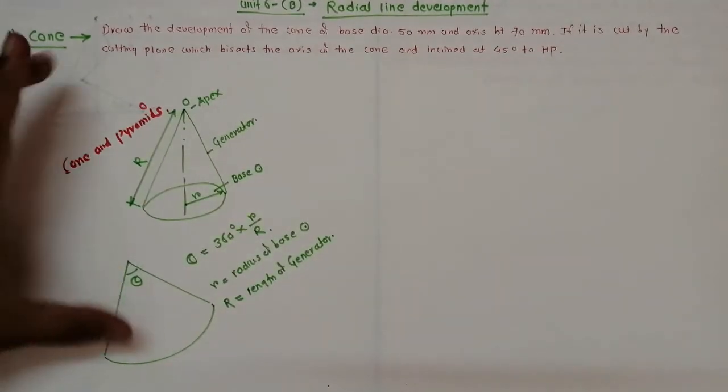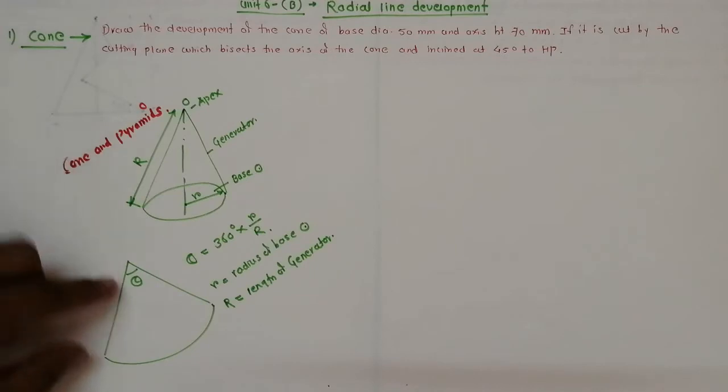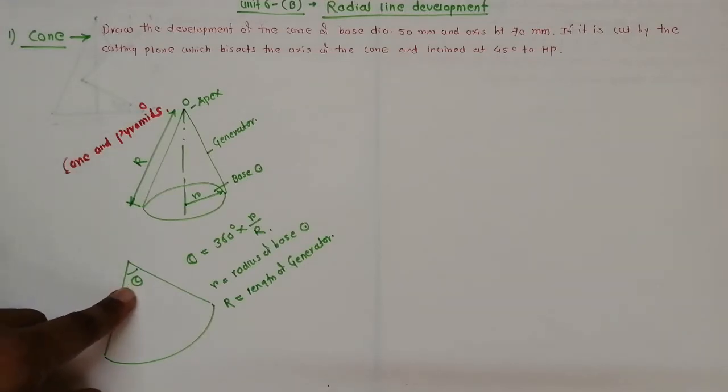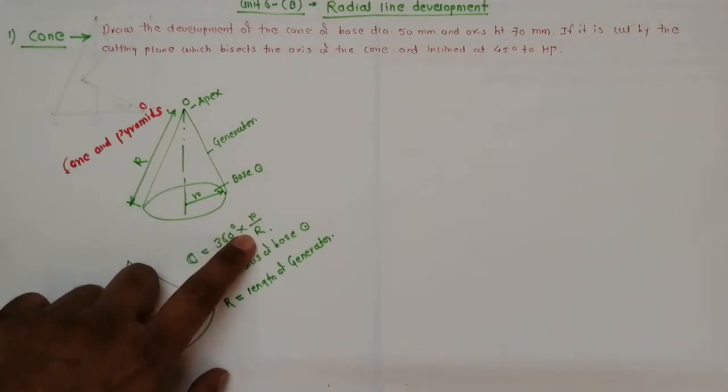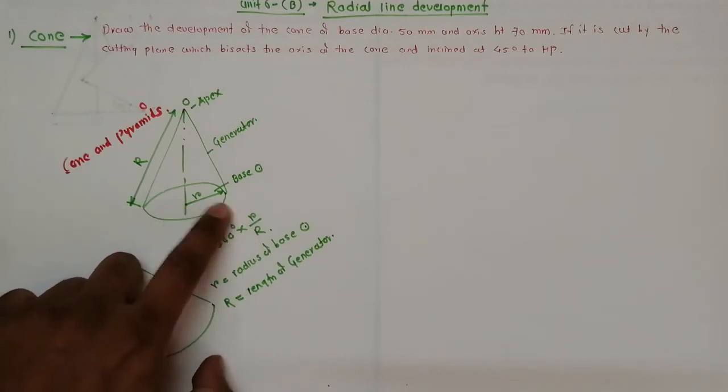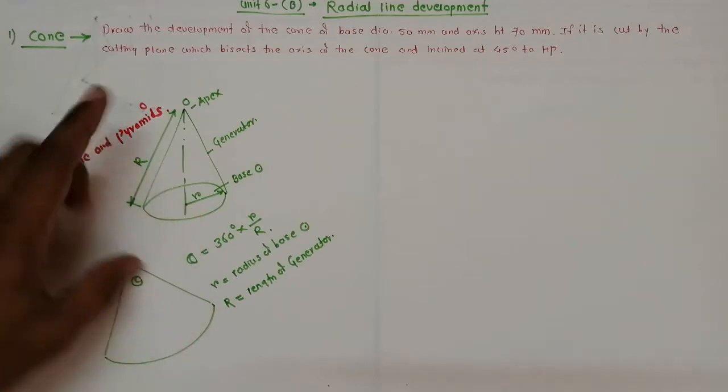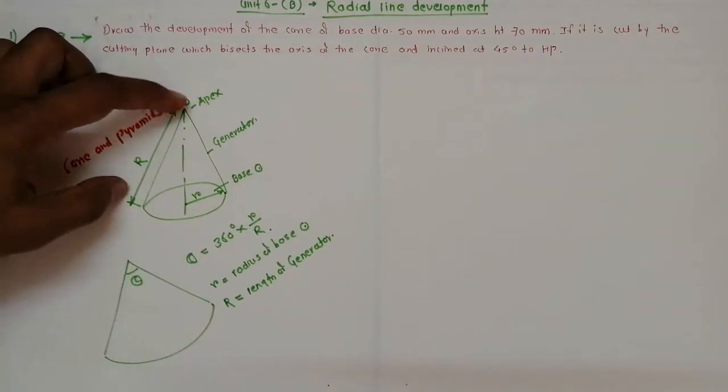So for drawing the development of the cone, we have to calculate this theta using the formula 360 degrees multiplied by small r by capital R.